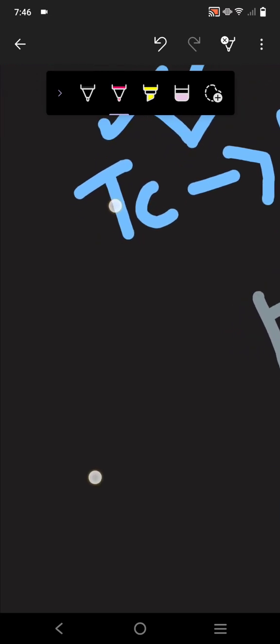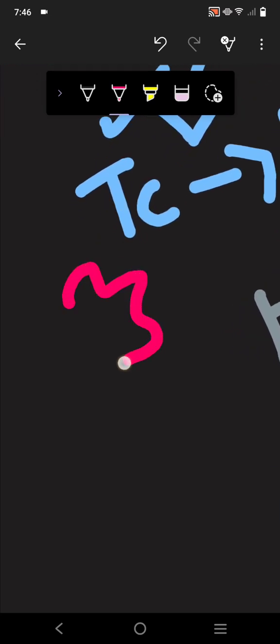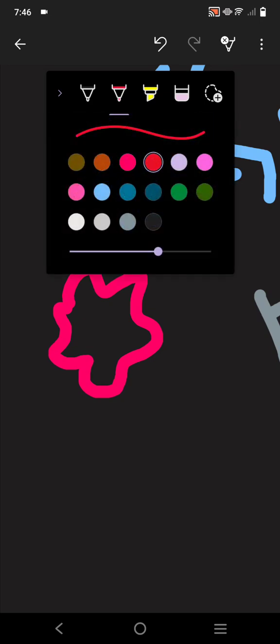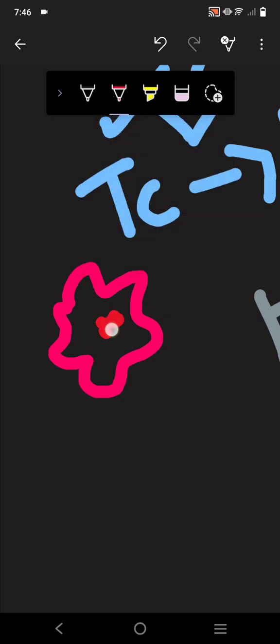Now when the cytotoxic T cell is activated, what will it do? Let me draw that macrophage again. This is the macrophage cell, and it contains the antigen.